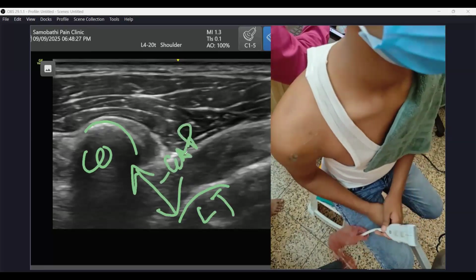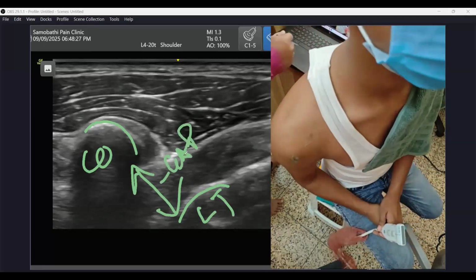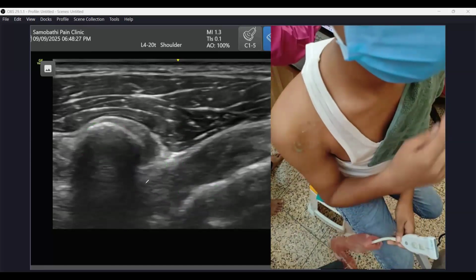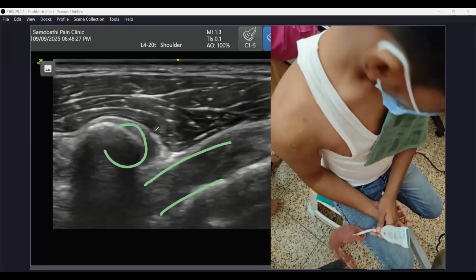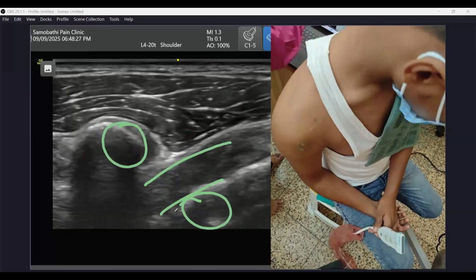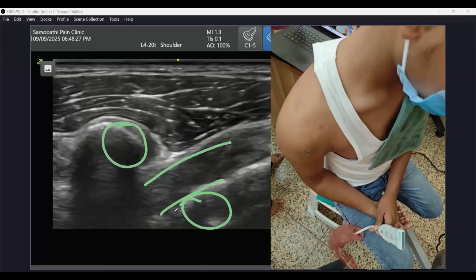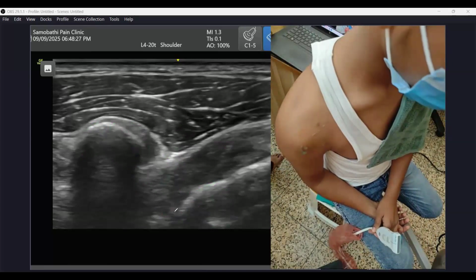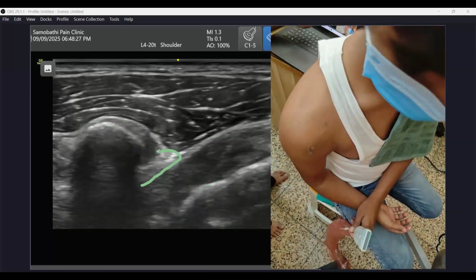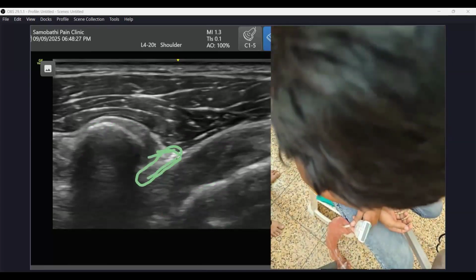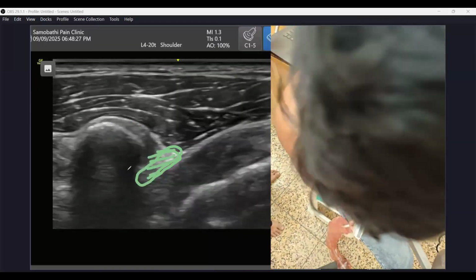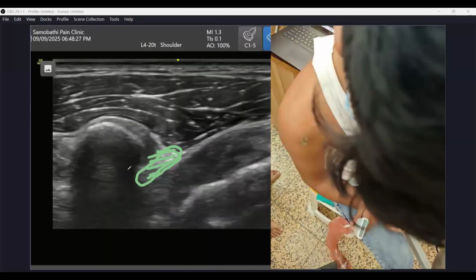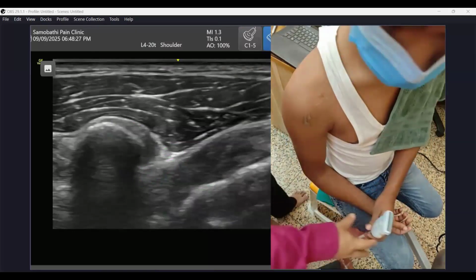This much gap is there, but this gap could have been smaller, and this tendon could have been impinged between these two bones. Then it will be a case of impingement. Also, there could be bursal fluid under the coracoid. So that is the subcoracoid bursitis, under the coracoid, above the subscapularis. In between the coracoid and subscapularis, there will be accumulation of fluid.